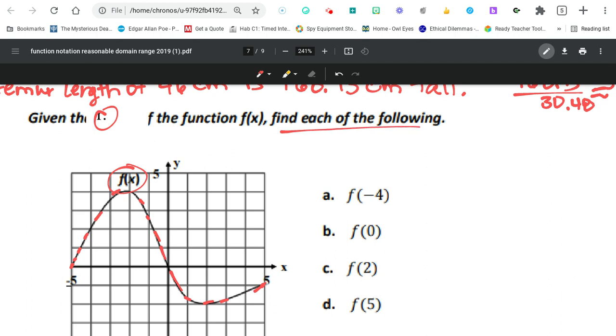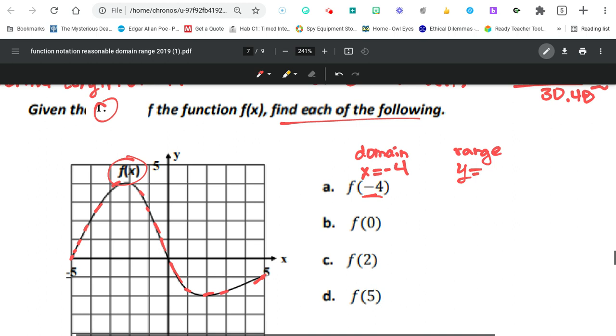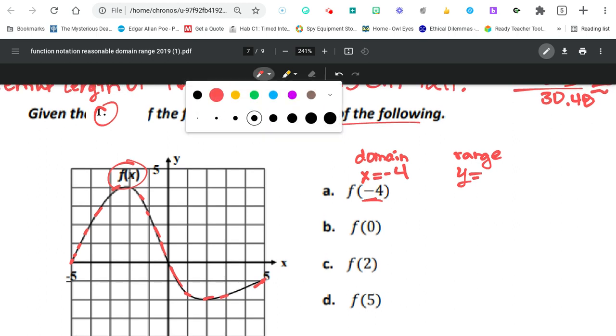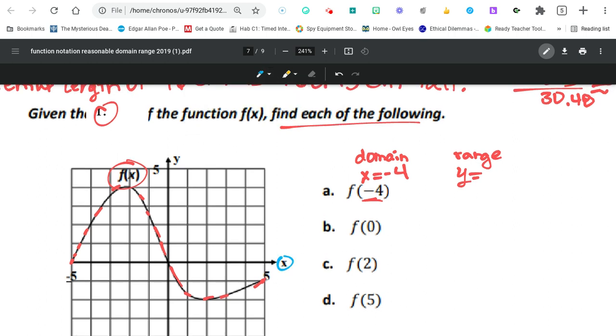So I need to find f of -4. Well, -4 is my domain. My domain is x. So when my domain, or x, is -4, what is my range, or y? Basically, when it says find f of -4, what's the y value equal to? So I'm going to go to the graph. I'm going to go to an x of -4.